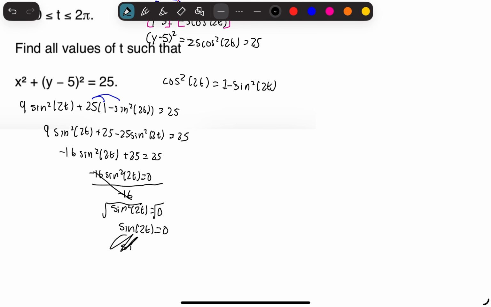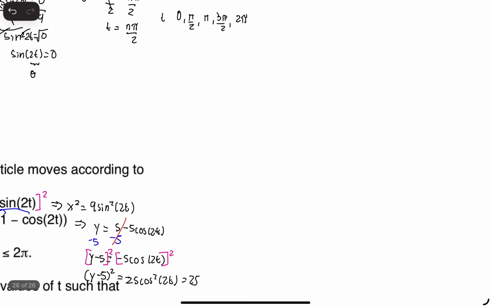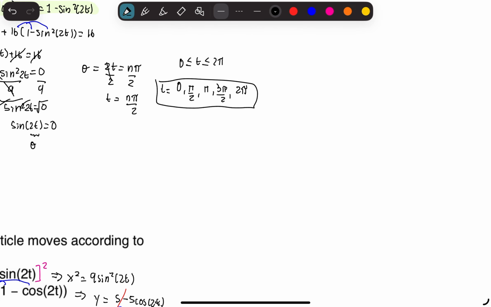Now that's your theta. 2t is equal to n pi. t is equal to n pi over 2. And it's the same values as above for t.